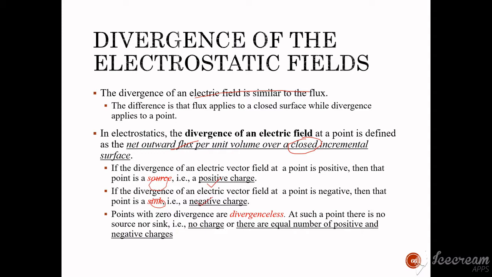We can also have zero divergence, which we call divergenceless. It is not a sink nor a source, therefore it is equivalent to no charge, or maybe there is an equal number of positive and negative charges.